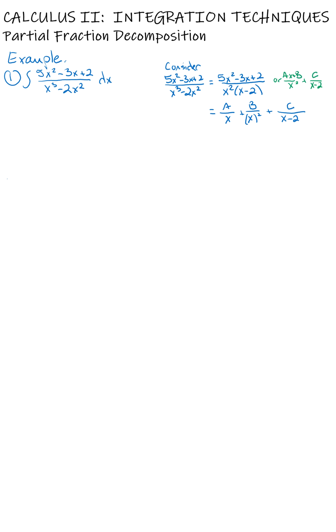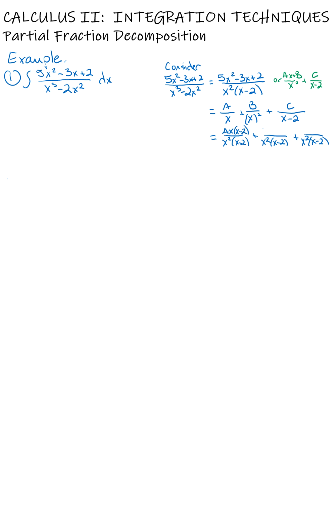The next thing we need to do is to combine these fractions. So the common denominator is, again, x squared times x minus 2. The first one has an A. To build up, it'll need an x and an x minus 2.